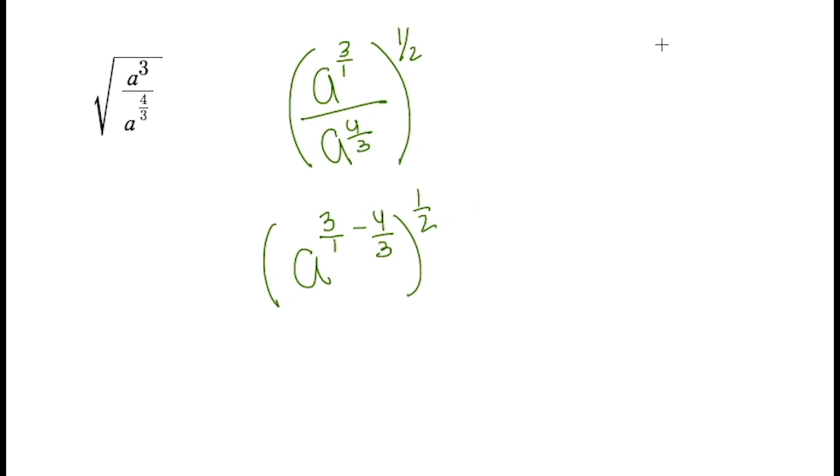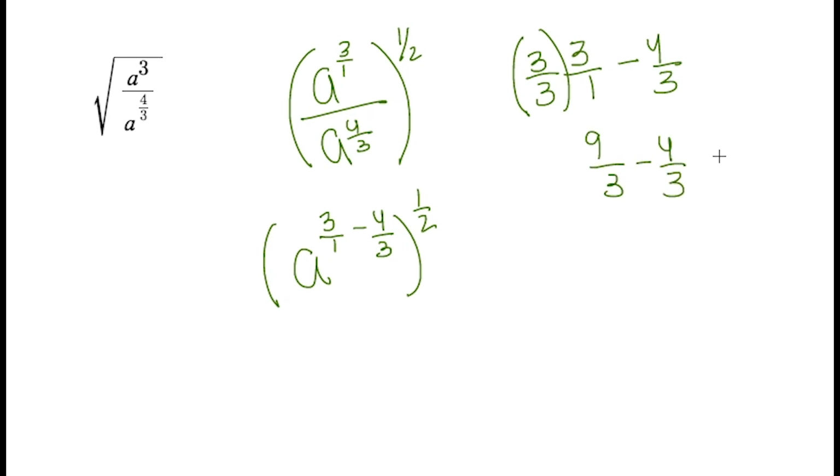So over here, I'm just going to work out my fraction subtraction. Okay. In order to make both denominators 3, I'll multiply the left side by 3/3, which equals 9/3 minus 4/3, or 5/3. So a to the power of 5/3 to the power of 1/2.